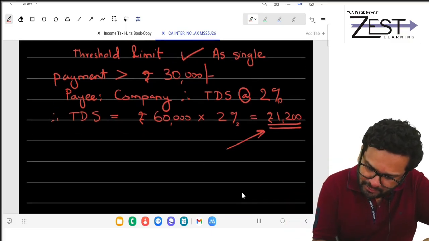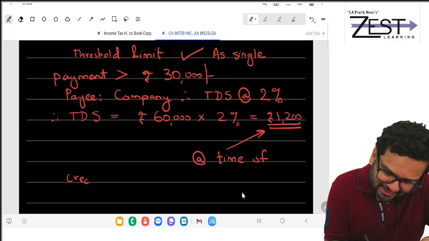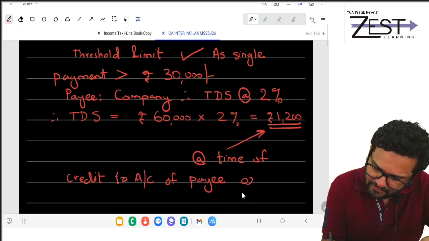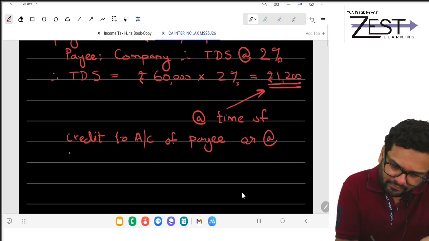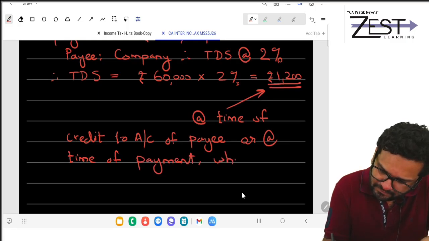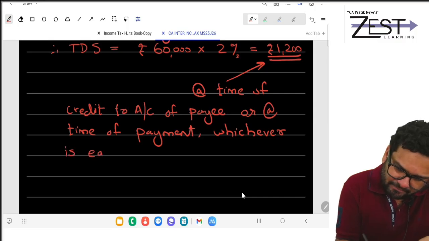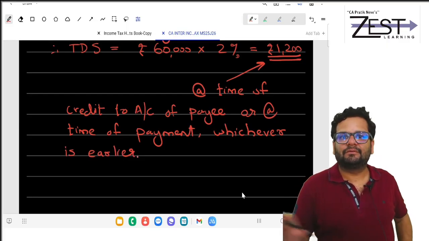This 1,200 will be done at the time of credit to the account of the payee, or at the time of payment, whichever is earlier. Clear? No tension.